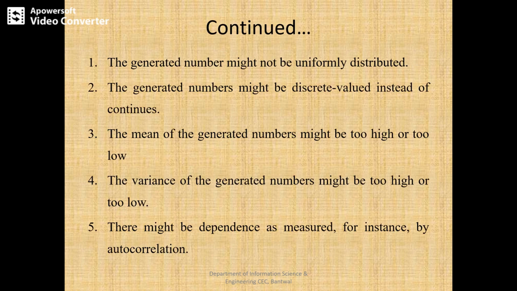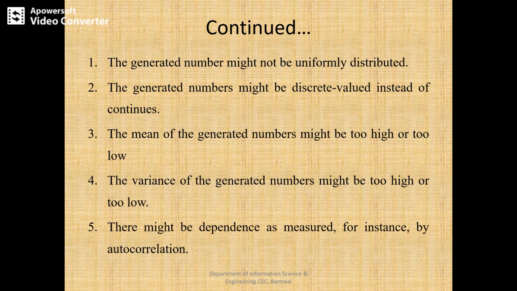The generated numbers might not be uniformly distributed, because any random number should satisfy the above two properties compulsorily.